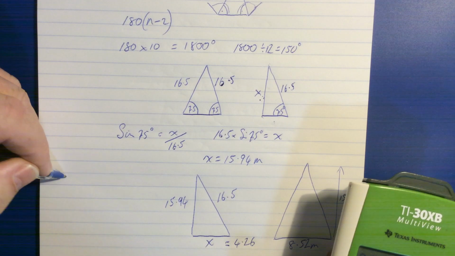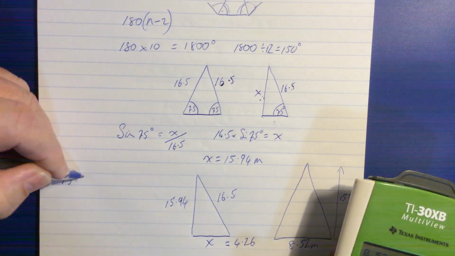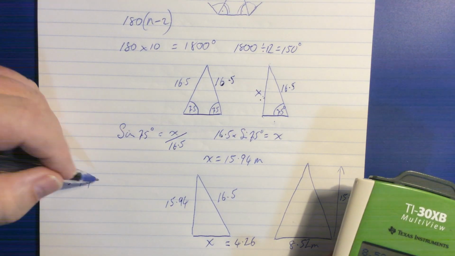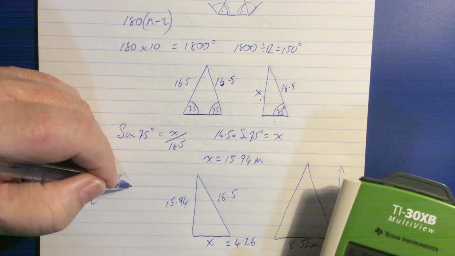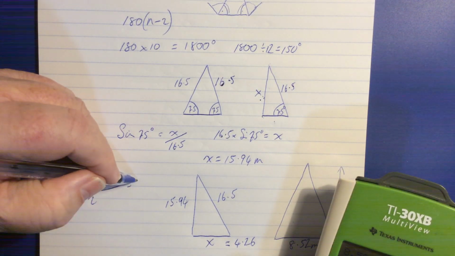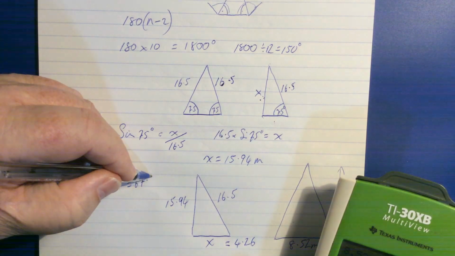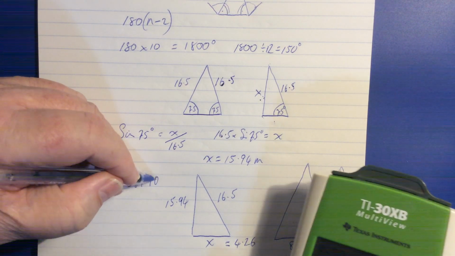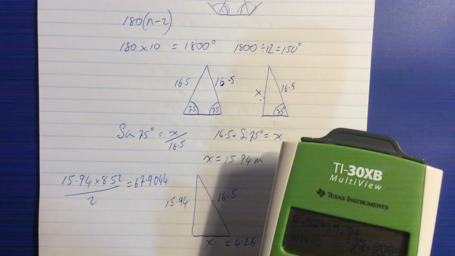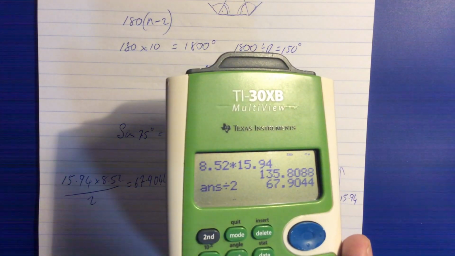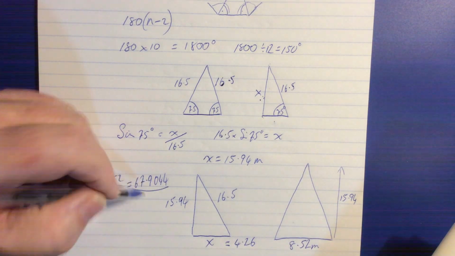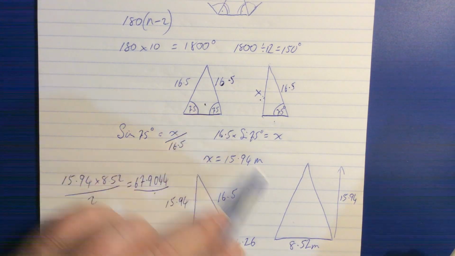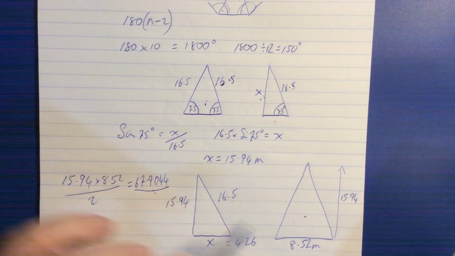So that is 15.94 times 8.52 over 2, and that is equal to 67.9044. Good enough, I think, to call it 67.9. Okay, so that is the area of one of these complete triangles.